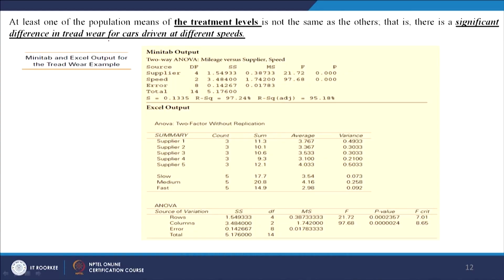So, there is a significant difference in tread wear for cars driven at different speed, that is our conclusion, and this is the Minitab output where p values are less than alpha, right, 0.01 was the alpha. So, here both these p values. So, we will say that there is a significant difference in means of tread wear of different suppliers, right, as well as different speed.